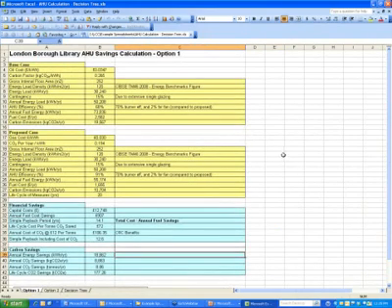So this is a library in London. Did an energy audit for it. And this is just an example of a simple payback calculation, but we actually used cost of carbon in here as well.